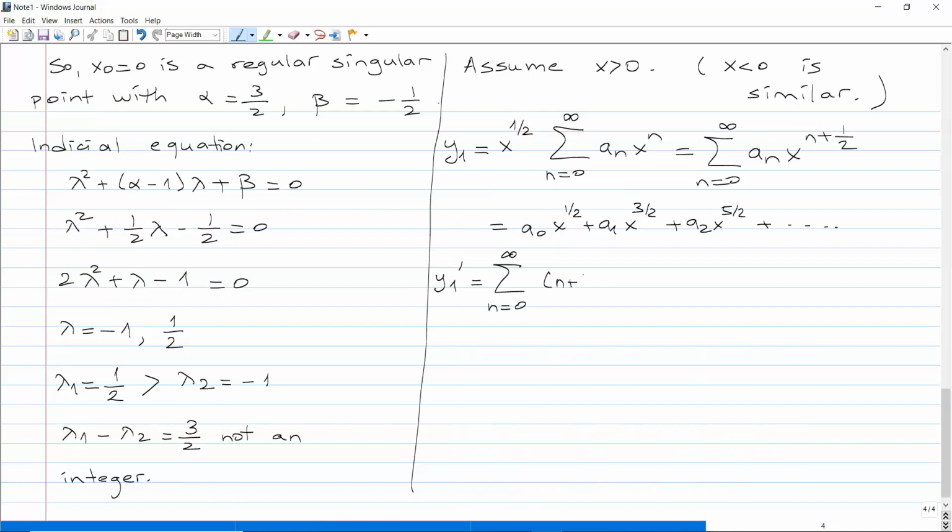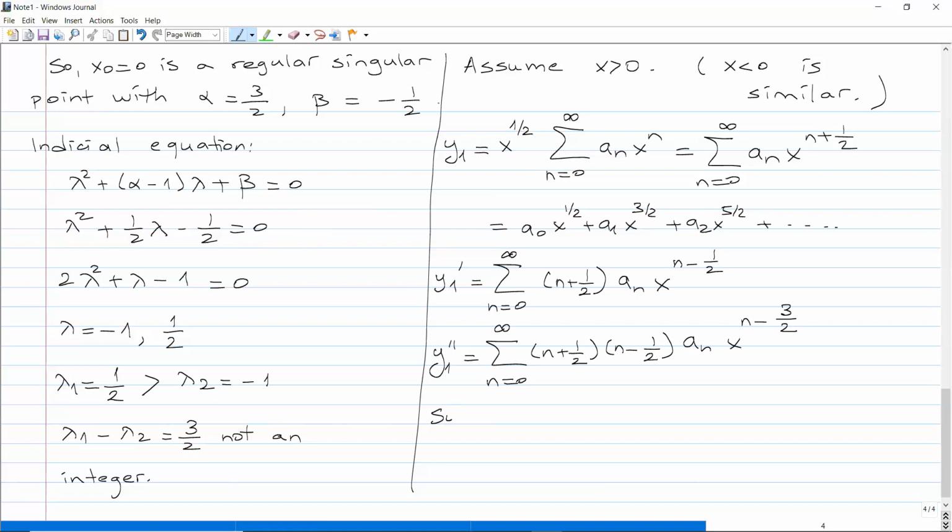So (n plus 1/2) an x to the power n plus 1/2 minus 1, so n minus 1/2. And the second derivative, again, when n equals 0, the power is x to the minus 1/2. Remember, x is positive, so it is defined, x to the power minus 1/2, not constant. So the second derivative, again, starts from 0, (n plus 1/2)(n minus 1/2) an x to the power n minus 3/2.